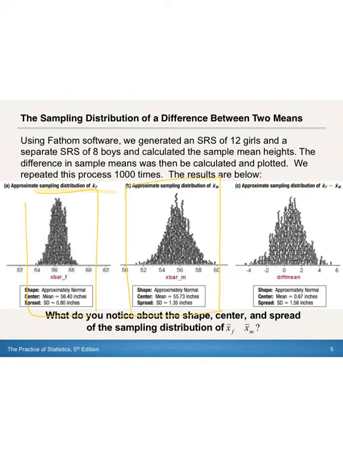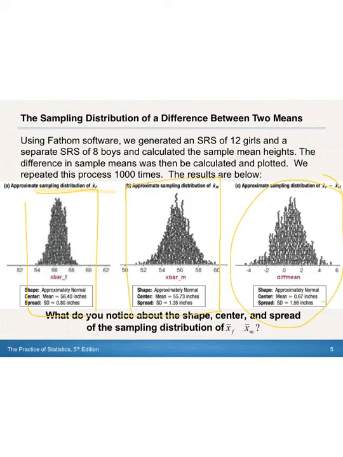When we put them together, these are random variables, we're taking the difference of them. The mean is going to be the difference of the means of XF and XM, and the shape is going to be approximately normal. And we're going to check on those conditions later, but since the original populations were both approximately normal, then the distribution is going to be approximately normal.